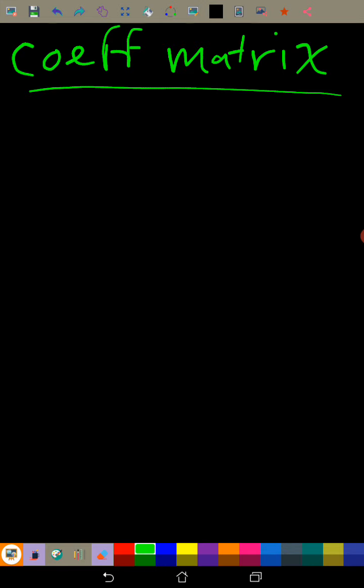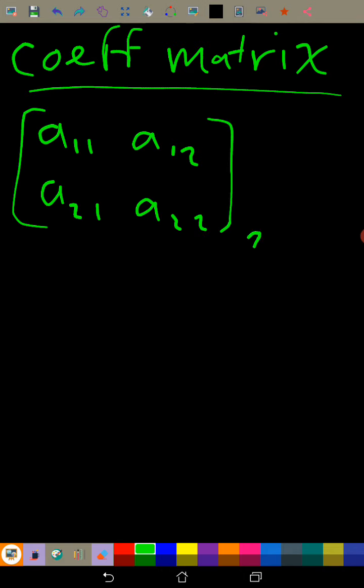Coefficient matrix: we saw that we have a11, a12, a22. This is a simple square matrix, and we can have a result like b1, b2.